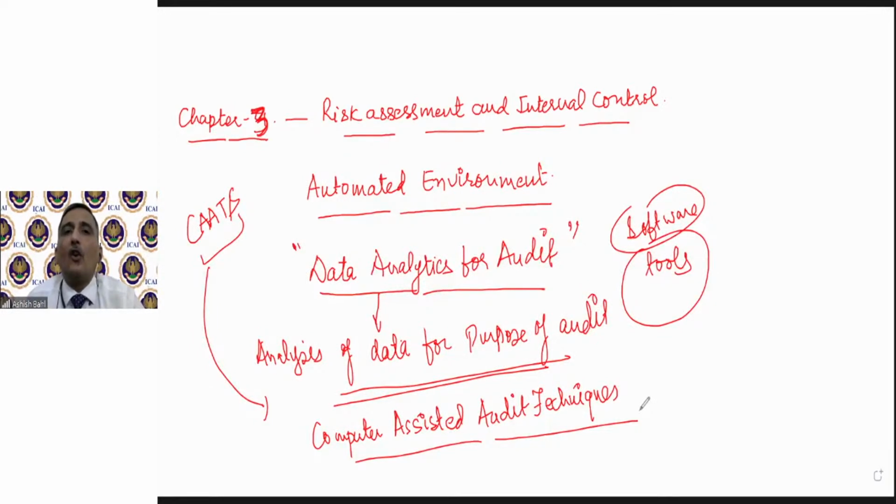So it is called data analytics for audit. And CATs, computer assisted audit techniques, are one kind of tool which are available to the auditor for data analytics. Okay, so students, you have got a basic understanding. At the intermediate level you only have to understand this much.